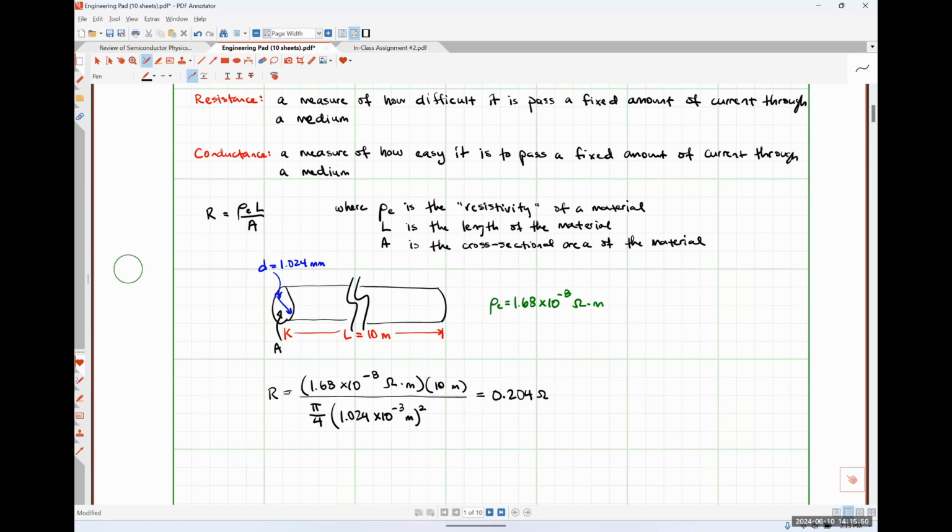A lot smaller. It'd be a lot smaller, okay? So for the intents and purposes of this class, anytime we're dealing with a wire, we are going to assume that it is a perfect conductor of electricity and therefore has zero resistance, okay?